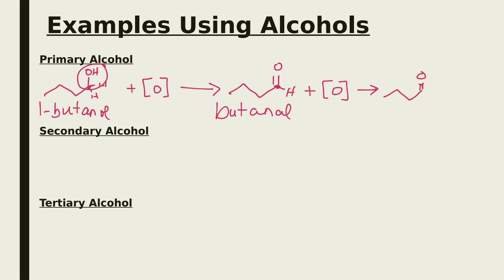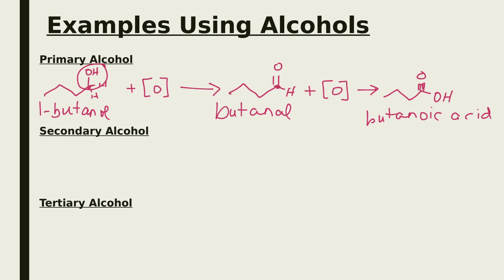So there's my double bonded carbonyl. I'm going to remove the hydrogen that was here and replace it with a hydroxyl group. So I actually end up forming butanoic acid. So with a primary alcohol, you will oxidize it to an aldehyde, and then that aldehyde can keep on being oxidized to form a carboxylic acid.